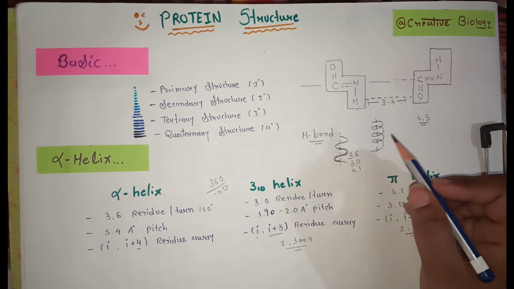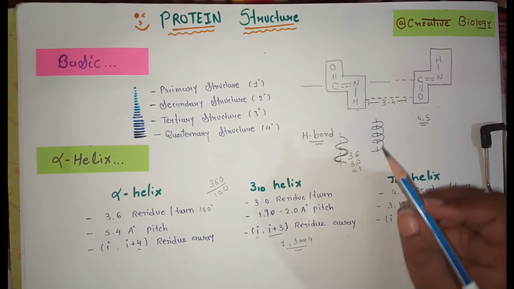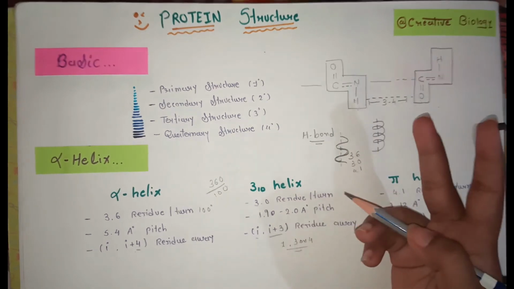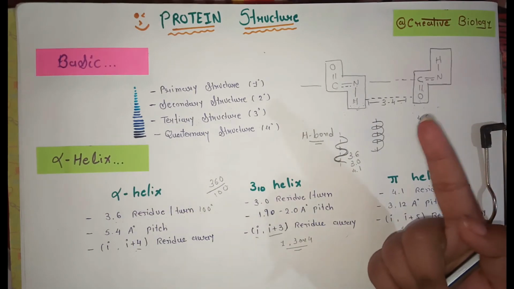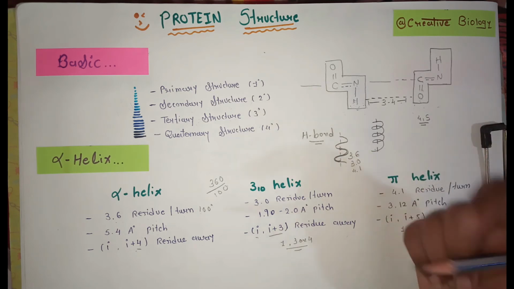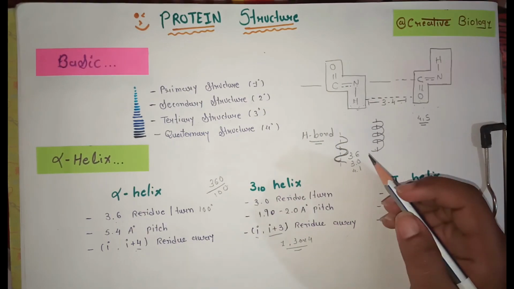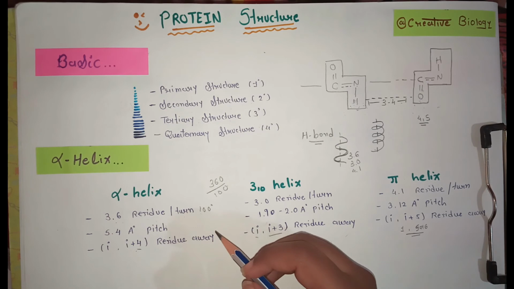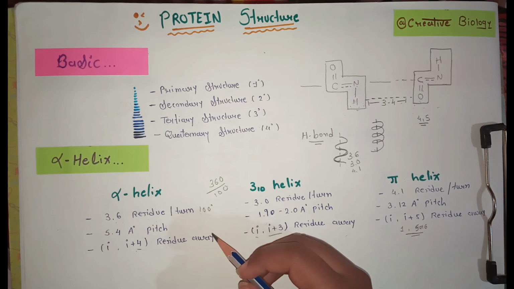The answer is that the simplest amino acid, glycine, and the most complicated amino acid, proline, do not easily make helical structures. They tend to disrupt the helical structure.